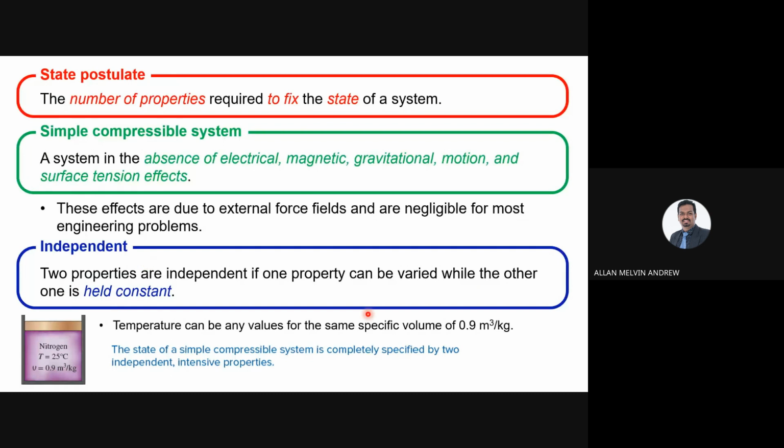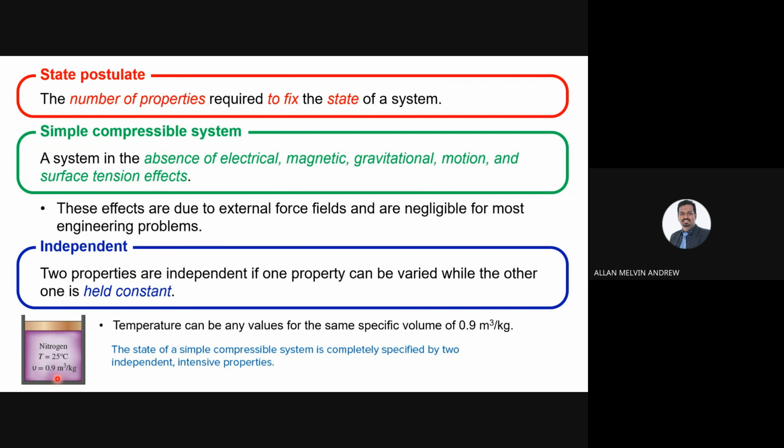So here, one property you can change, and the other you can maintain, making it constant. So you can say that the two properties are independent of each other. For example, your temperature can be any value for a specific volume of 0.9.